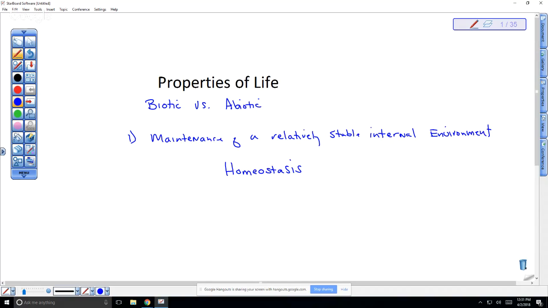Also, when we run or climb a set of stairs, our heart rate will increase to keep up with the demands of oxygen, because we need oxygen to produce energy. If you're climbing a set of stairs and your heart rate doesn't increase, you're going to have to stop, right? So this is what we refer to as a dynamic equilibrium.